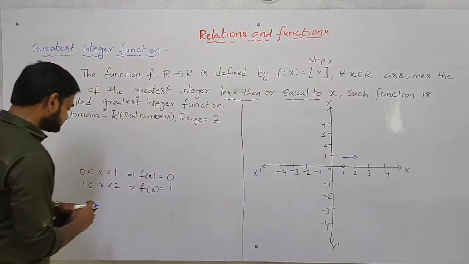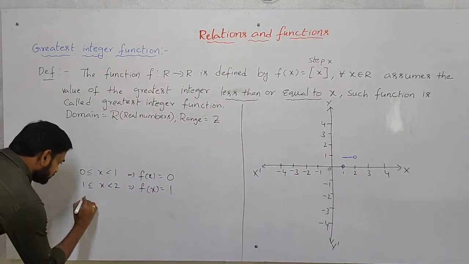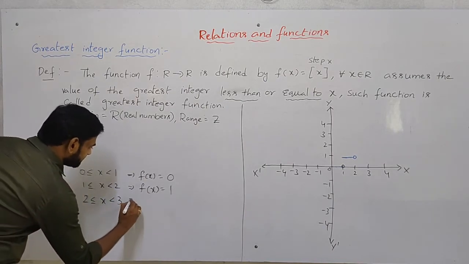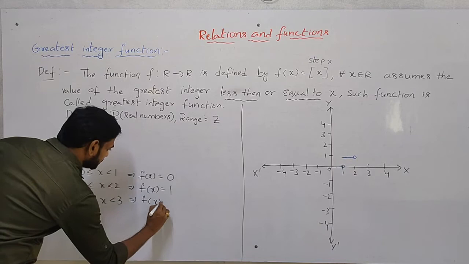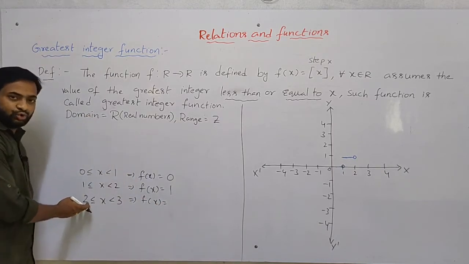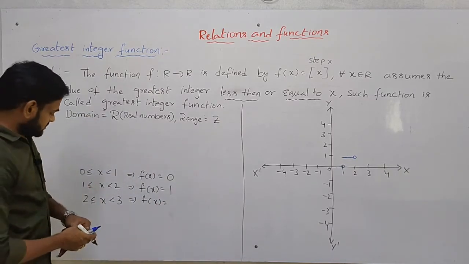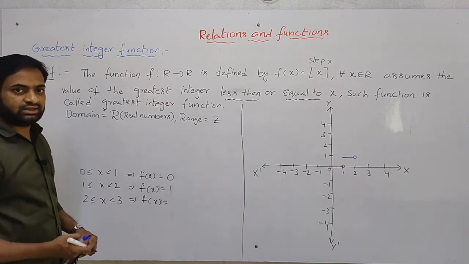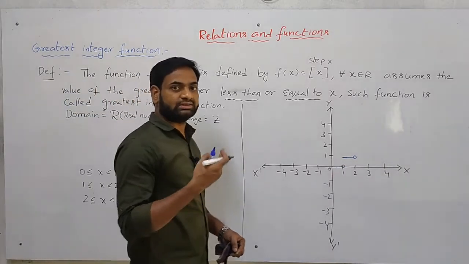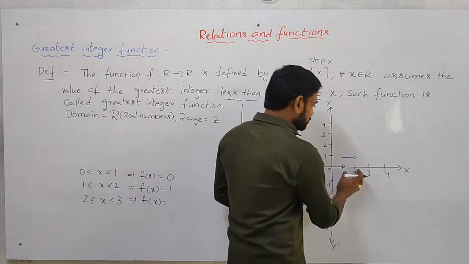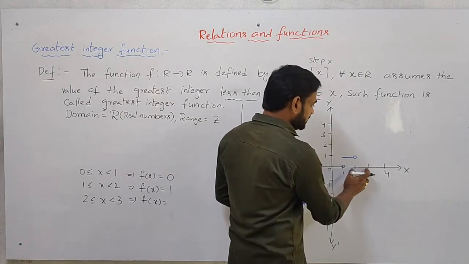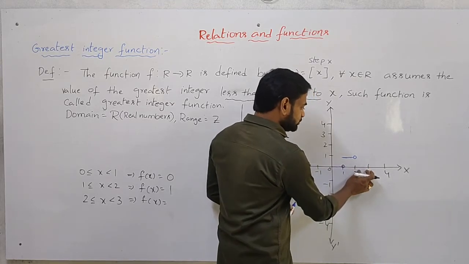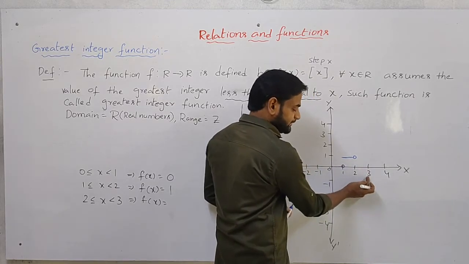Next, 2 less than or equal to x less than 3. That implies f of x equal to 2. You can take 2, don't take 3. So it is 2.1, 2.2, 2.3 and so on up to 2.9. These values lie between 2 and 3.